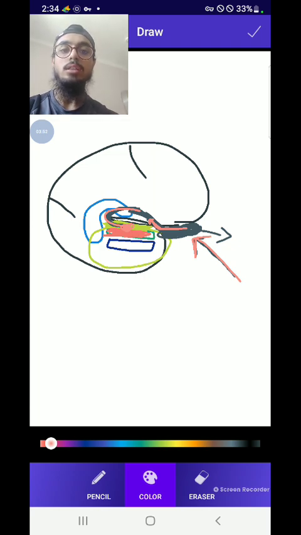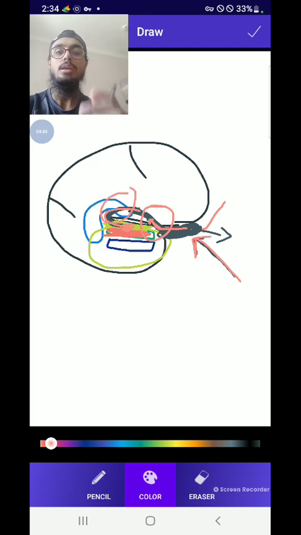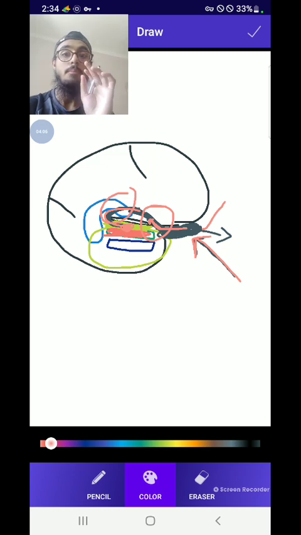So there is the olfactory bulb, which is right here, the olfactory tract, which is here, and what is the third structure of this pathway? Medial olfactory striae. Medial olfactory striae are the third structure.